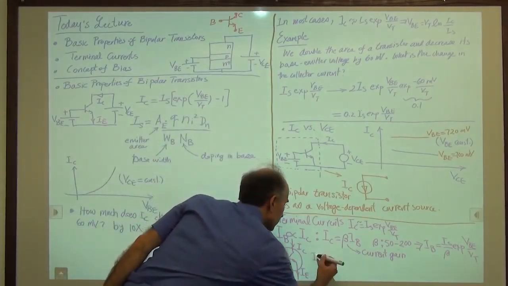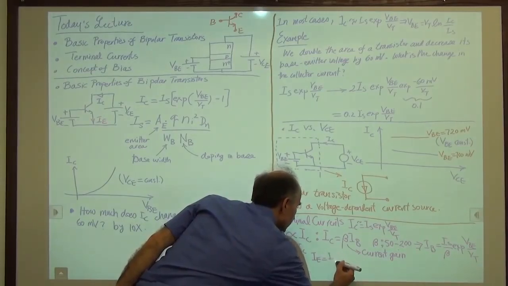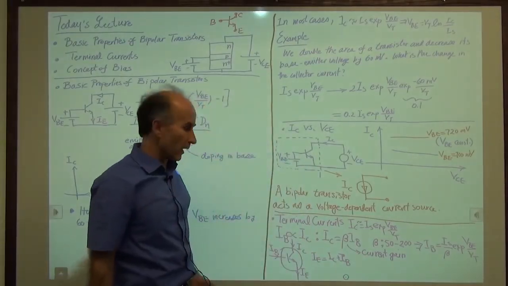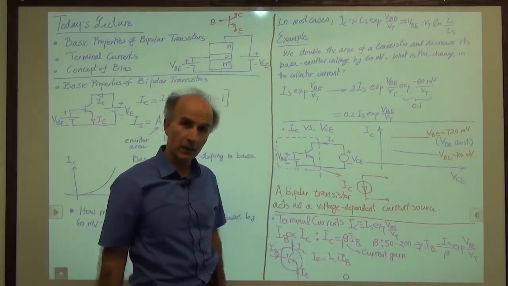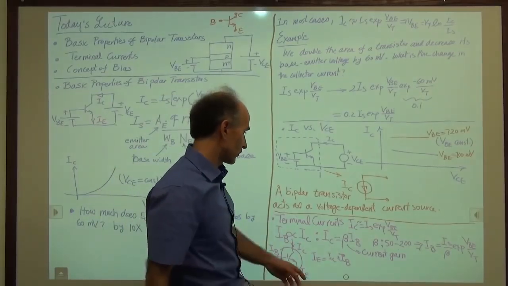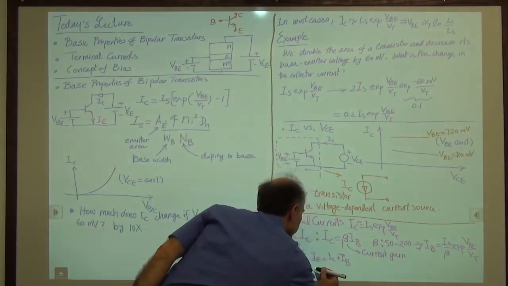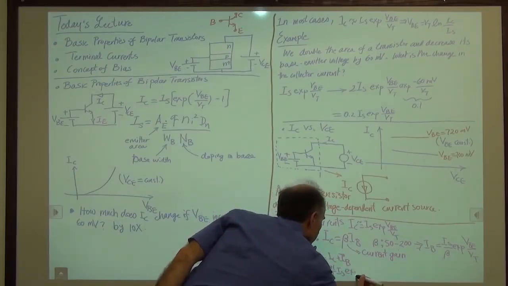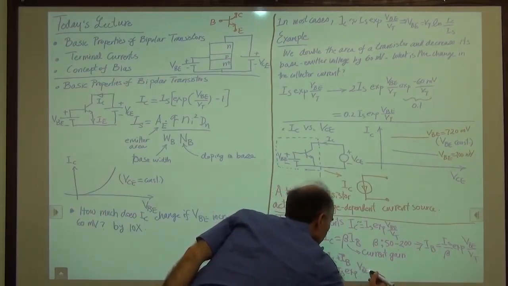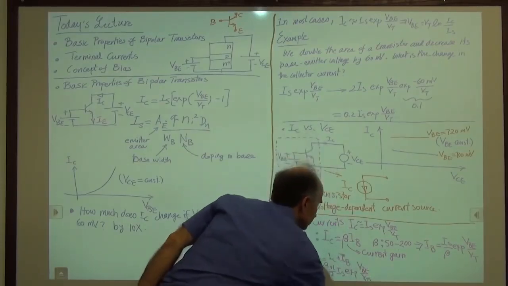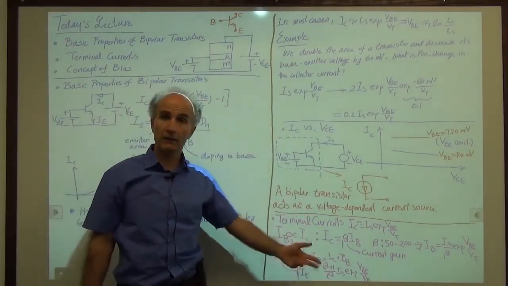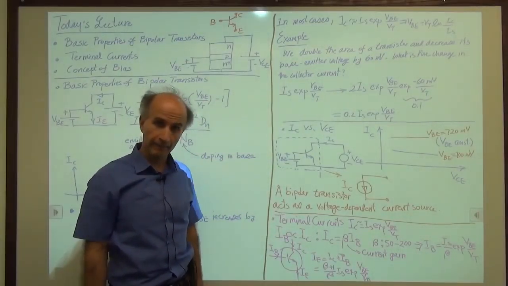So IE is equal to IC plus IB. And now, because we know IC is beta times IB, that becomes very simple. So I can write this as beta plus 1 over beta IS exp of VBE over VT.